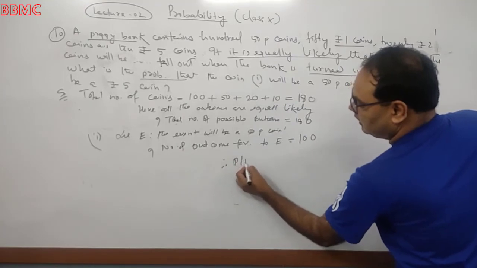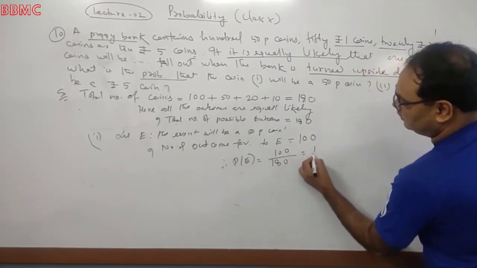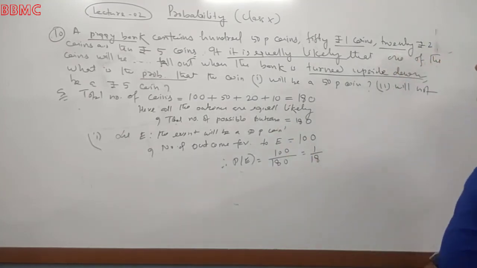Therefore, P of E is equal to 100 by 180, that is 5 by 9. This is the answer to number 1.